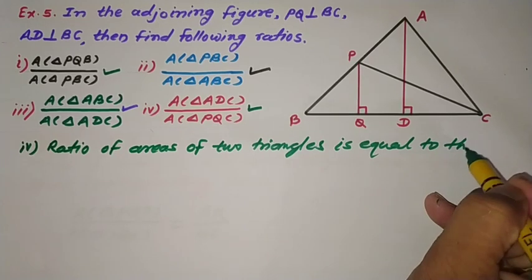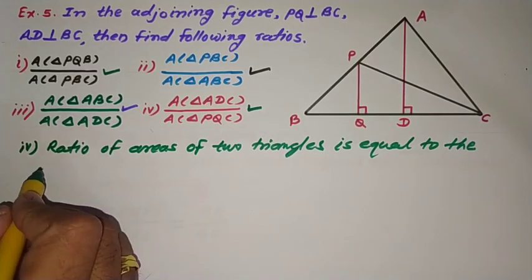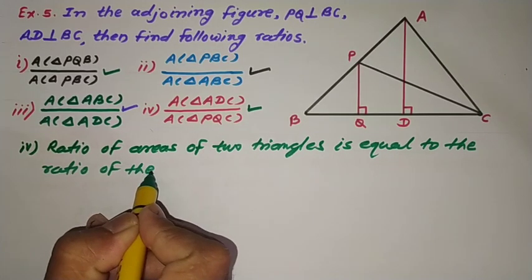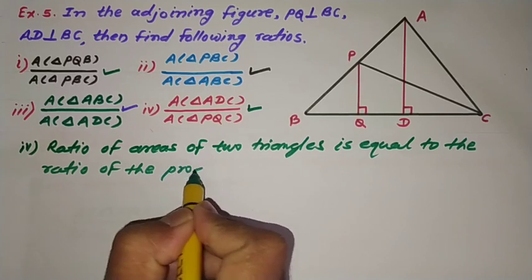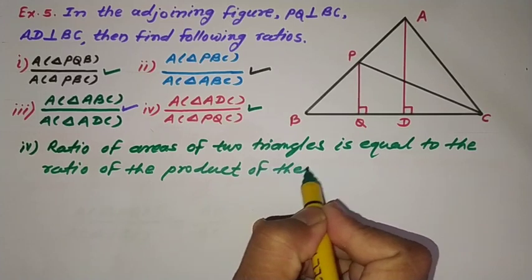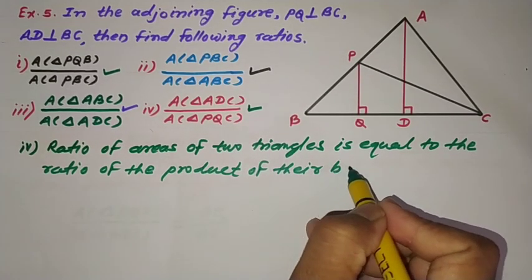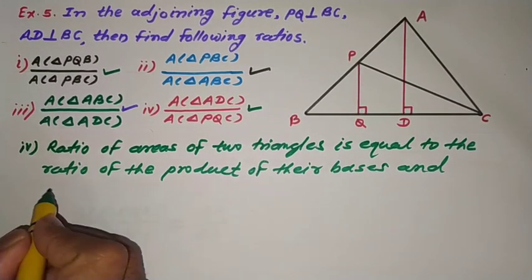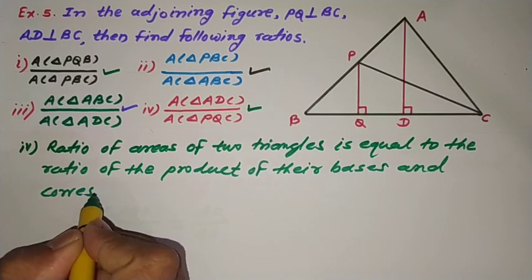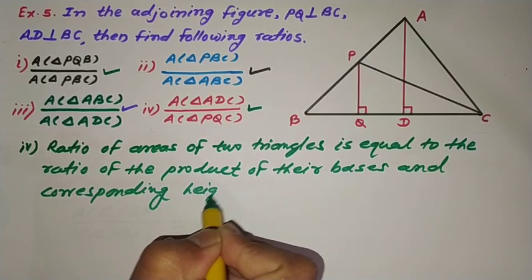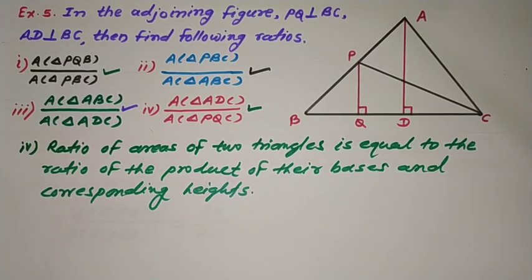the ratio of the product of their bases and corresponding heights. Here neither the bases nor the heights are equal.